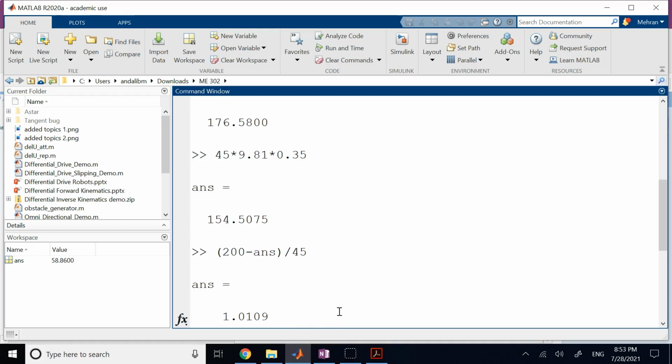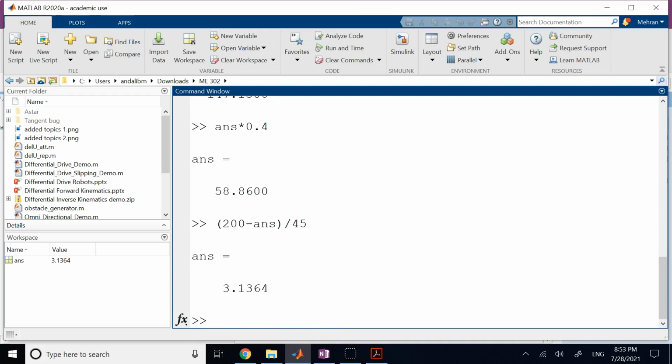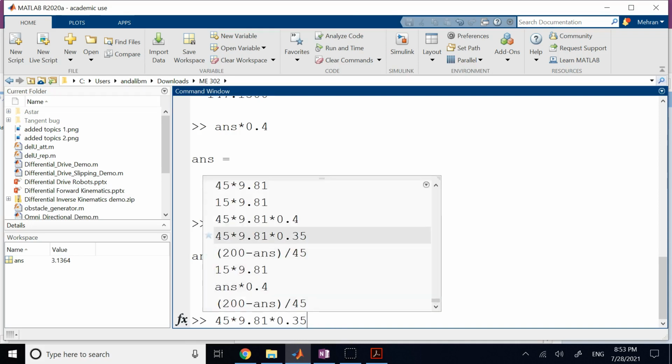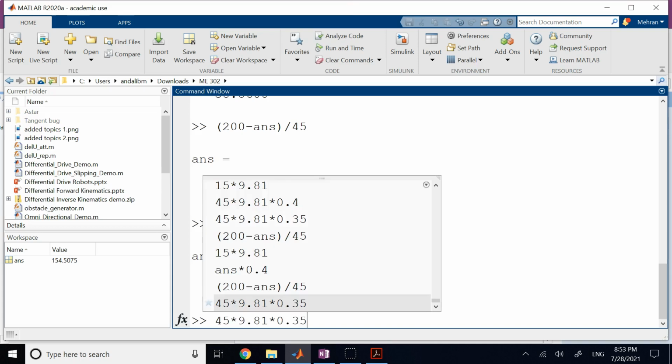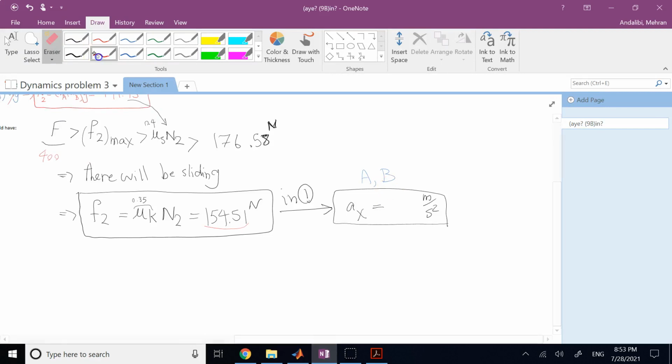So this time, when you do that, 154, now you subtract it from 400 and divide by 45, and the answer is 5.46, correct? So the acceleration this time is going to be 5.46 meters per second squared.